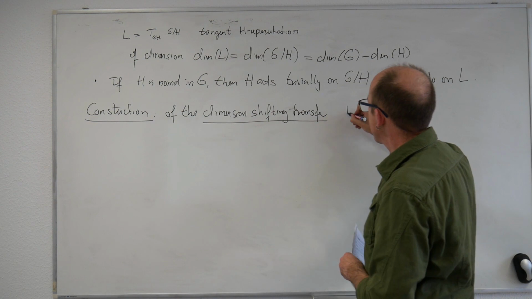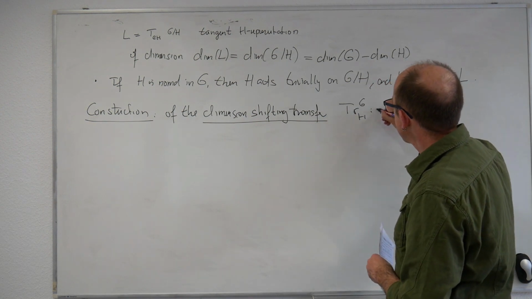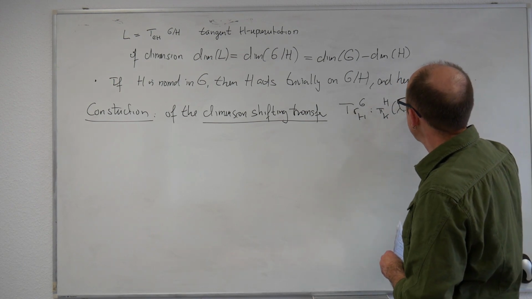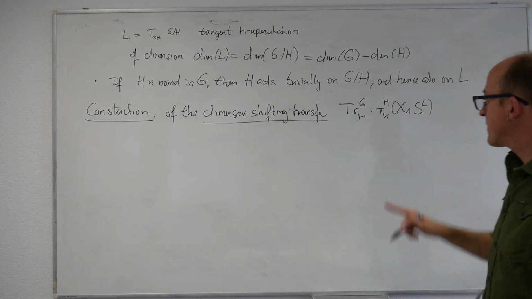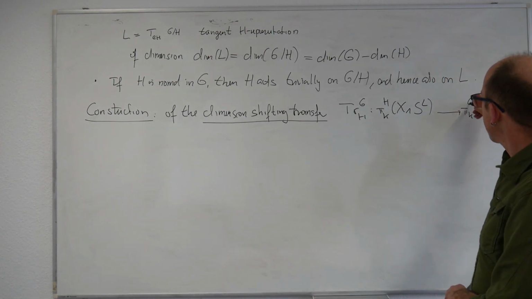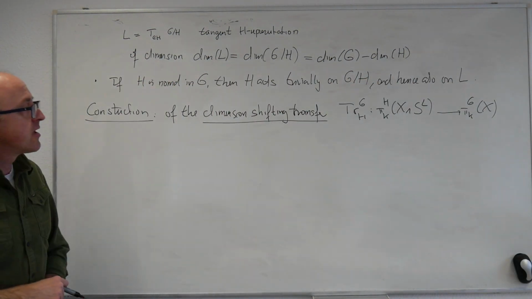This is a transfer that I'll denote by a capital T, R, HG, and it goes from the kth H equivariant homotopy group of X smash the one-point compactification of the tangent representation L to the kth G equivariant homotopy group of X, where again X is an orthogonal G spectrum.